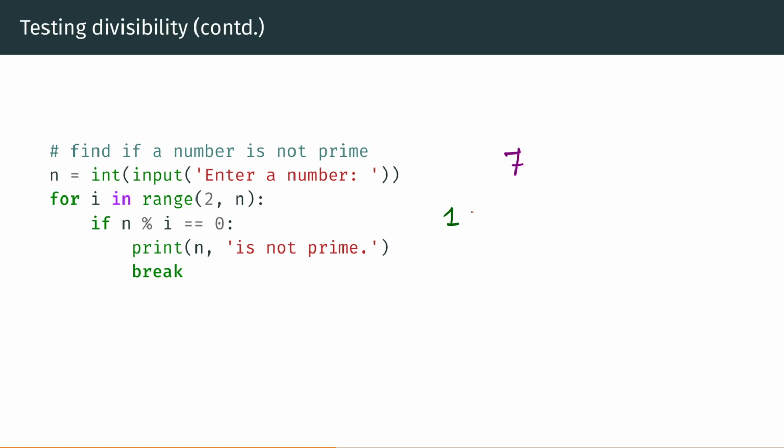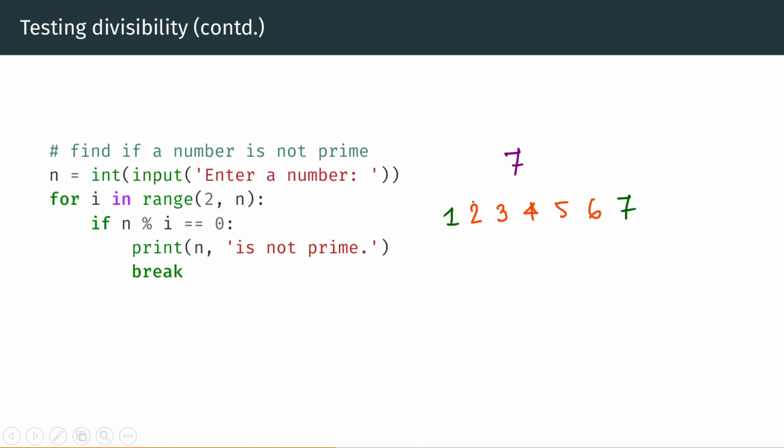It's not divisible by 2. You cannot divide 7 by 2 because it's 3.5. You cannot divide it by 3, or by 4, 5, 6. You can divide it by 7, obviously, because 7 divided by 7 is 1, and 7 divided by 1 is 7.